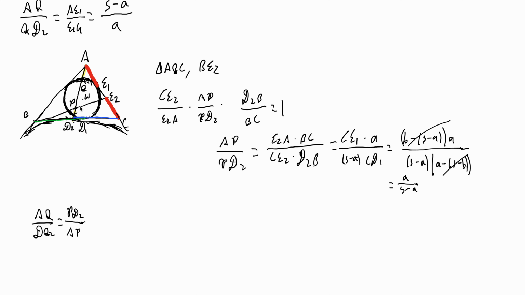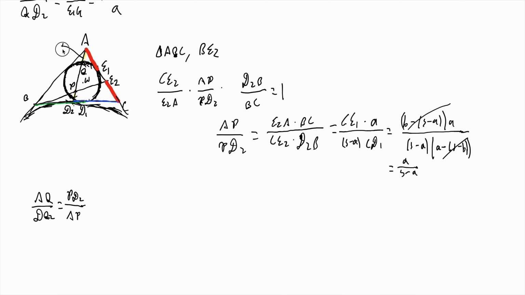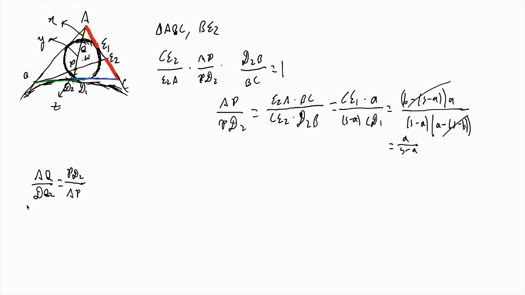So we know that this to that is equal to this to that. Let's just say that this is X, Y, Z. Then we have AQ is X over DQ sub 2 is Y plus Z.